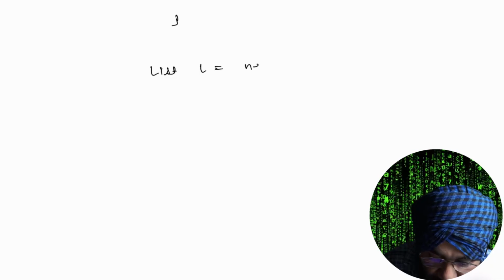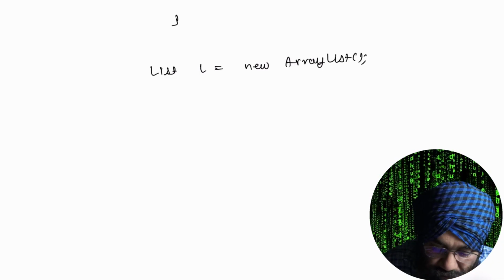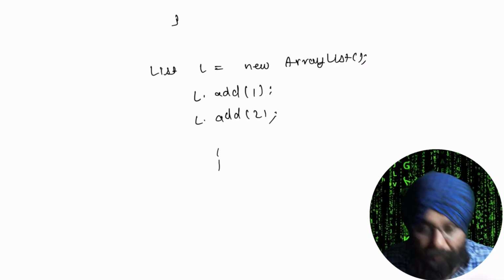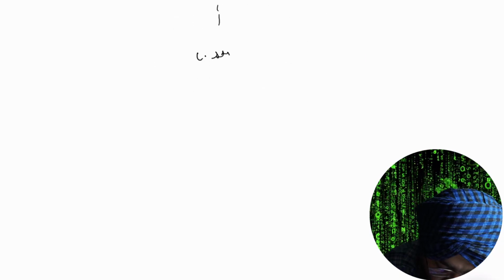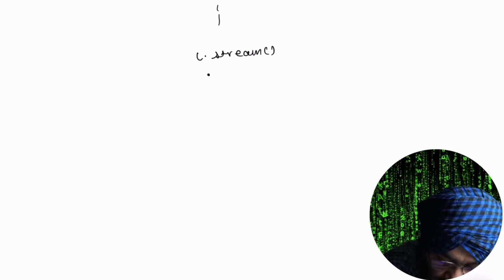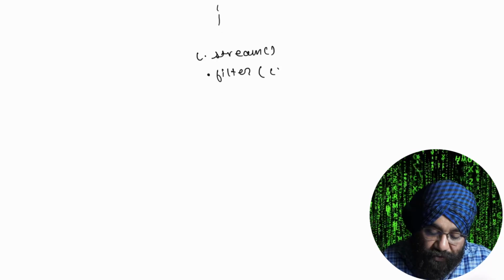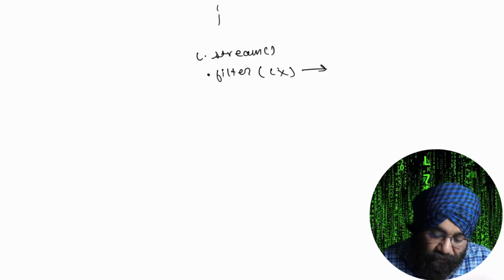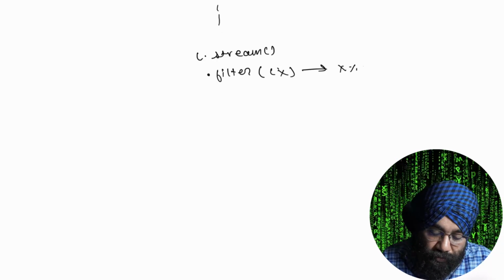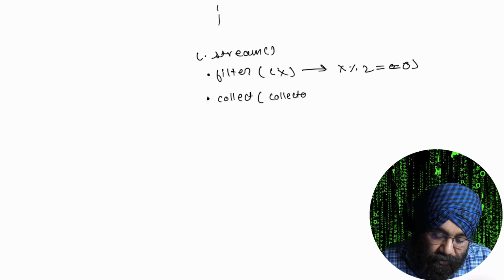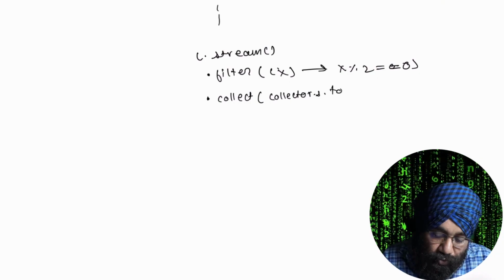For example, you have a list, l is equal to new ArrayList, and you added many numbers to it, l.add many numbers. Now you can do l.stream, and then call the filter method of the stream API, which takes a functional interface. So you can say x where x mod 2 is equal to 0, then Collectors.toList.